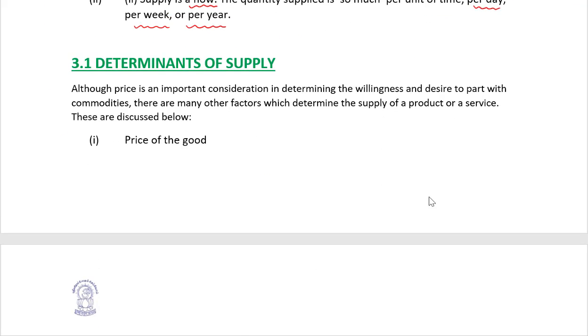Let's see the factors affecting supply, that is determinants of supply. The first factor affecting supply is price of the good.